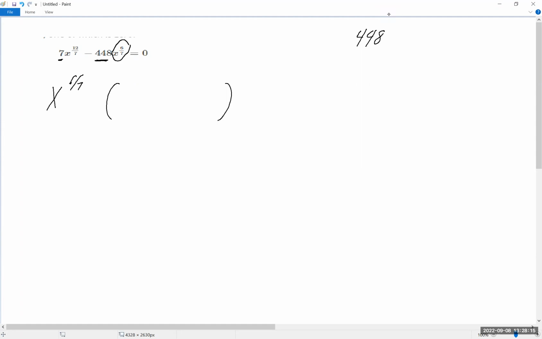We should check if it's divisible by 7. I could just get a calculator and divide, but I'm going to try it this way. I know it's divisible by 8 because this is divisible by 8.